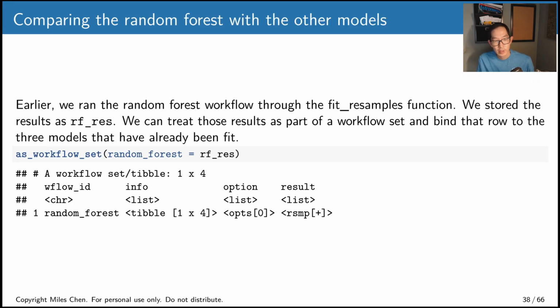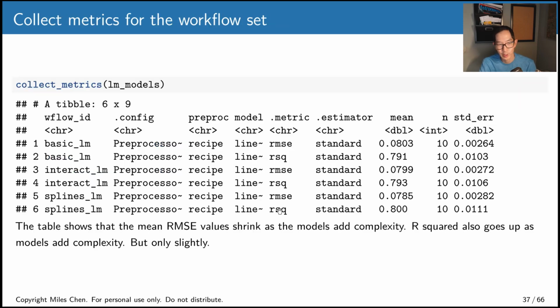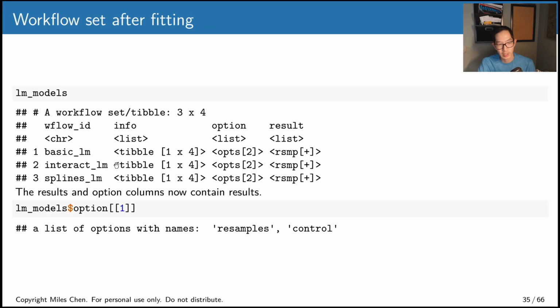Also remember we created the random forest workflow, and we already ran fit resamples on it, and we stored those results as RF results. We can take these results and compare them as part of our workflow sets.